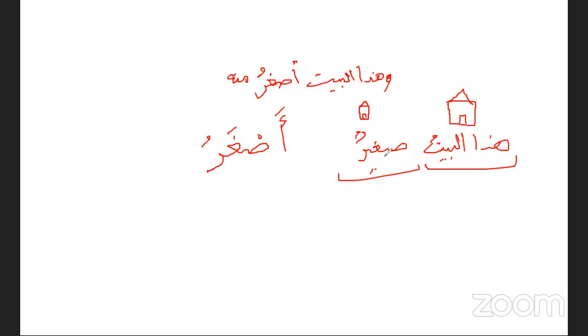But the original, what we call the foundation letters of this word are these three: صاد, غين, and ya. And here we have the same three: صاد, غين, and ra. The only difference here is that we have this alif in the beginning, and it says asgharu, asgharu.